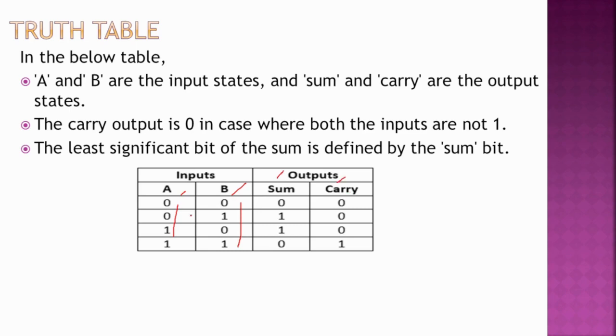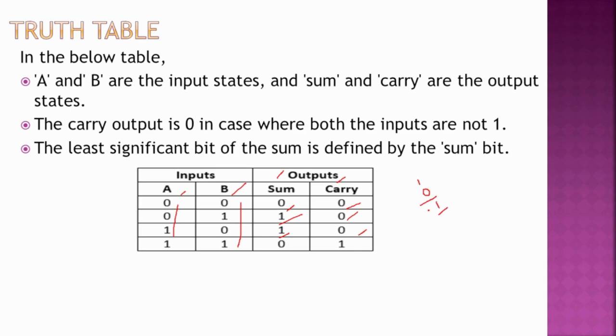You will add 0 plus 0, the sum will be 0, so there is no carry, that's why you will mention here as 0. 0 plus 1, sum will be 1 and carry will be 0. 1 plus 0 also, the sum will be 1 and carry will be 0. 1 plus 0 is only 1, so this will be the sum value and there will be no carry value.